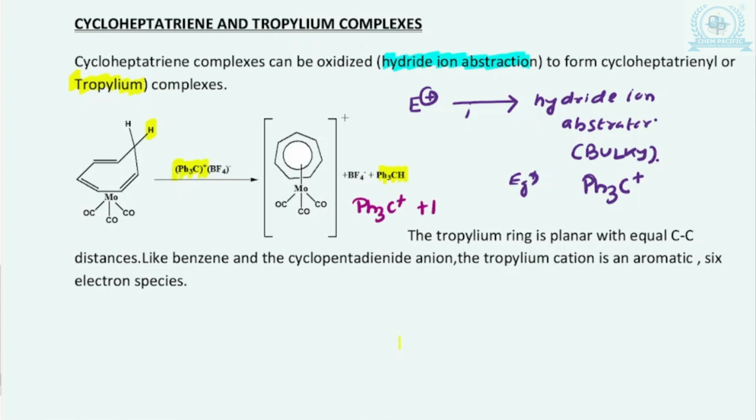It is accepting the hydride, resulting in the formation of Ph3CH. Okay, if it is taking out the H minus, obviously this will turn out to be a plus sign. So that is why the name is tropylium.